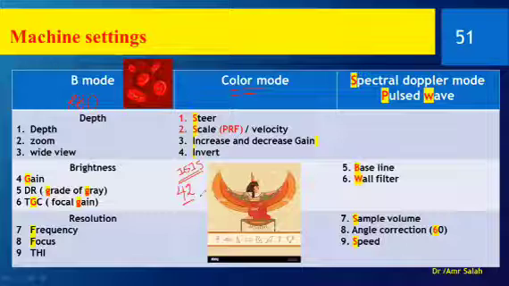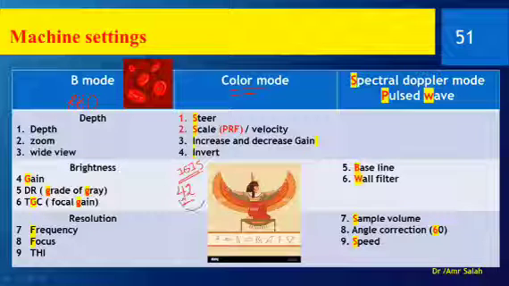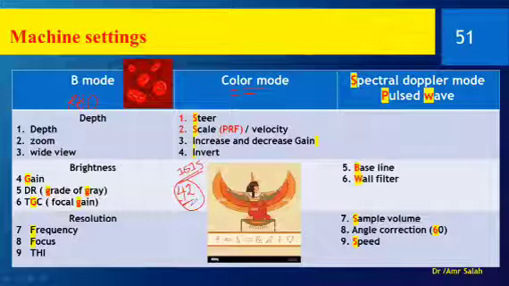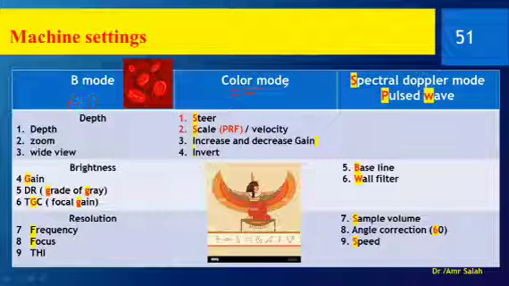He's got his eye, the Eye of Horus, which is the eye of medicine, by the way, just like radiology. And they gathered these 42 pieces and managed to resurrect Osiris. So this is a very short brief on the story of Isis, our mnemonic for the color mode. So let's remember the color mode by Isis: the steer, the scale, increase or decrease the gain, and the invert.